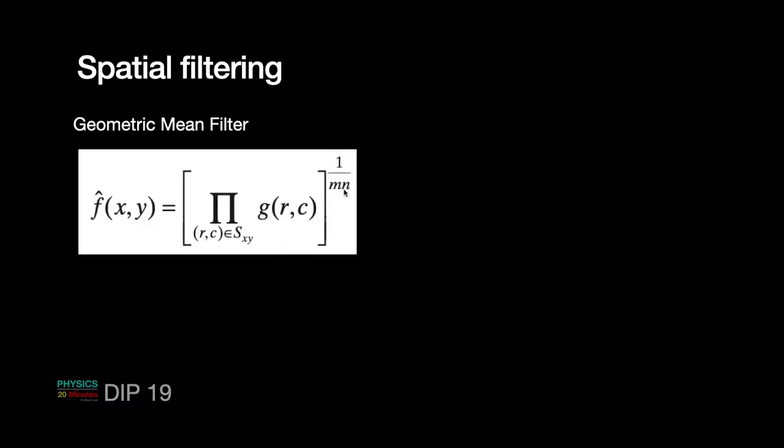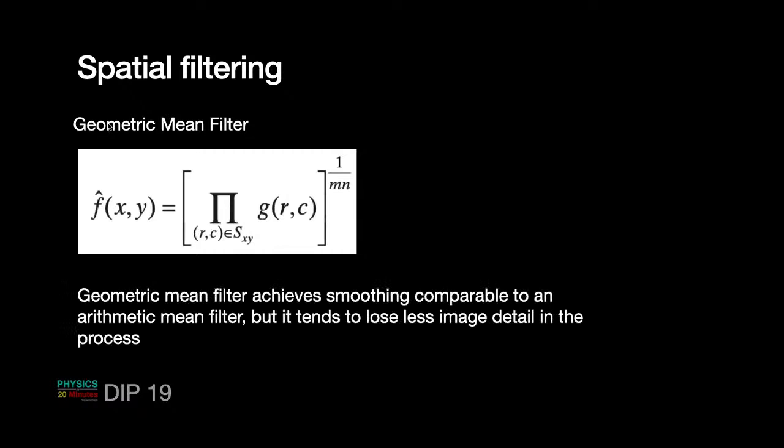1 over m by n-th root of that product. Why do you want to take this 1 over m by n-th root of the product? Think about it. So that gives you the geometric mean filter. The geometric mean filter achieves smoothing comparable to the arithmetic mean filter, but tends to lose less image detail in the process.